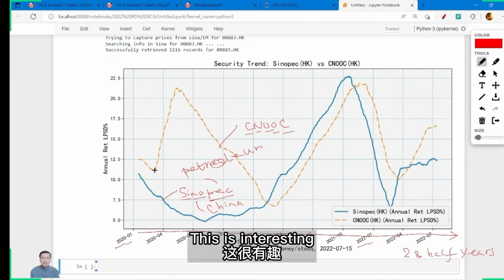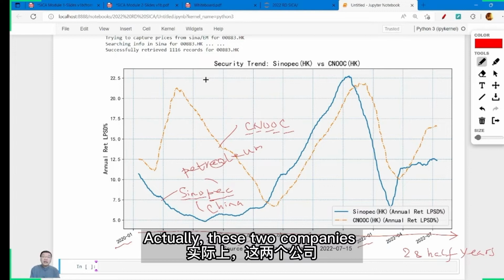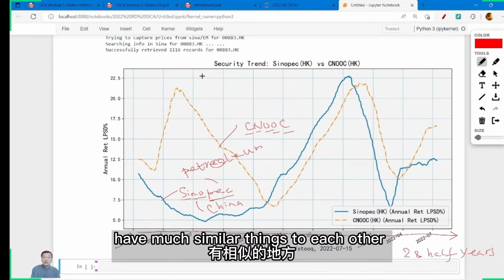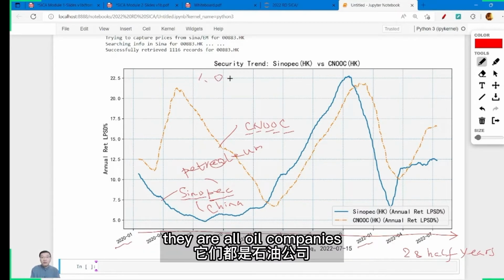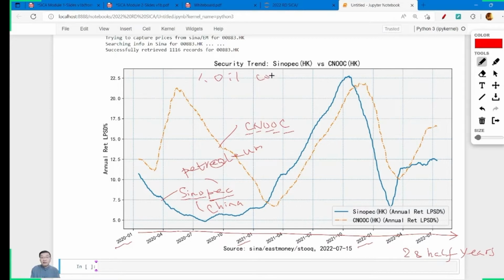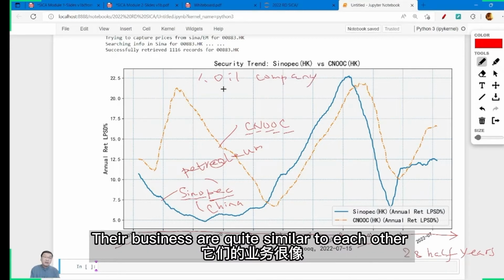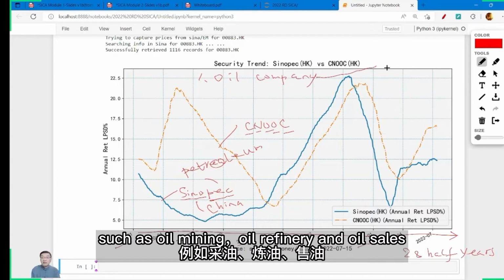This is interesting. Actually, these two companies have much in common. First, they are both oil companies. Their businesses are quite similar, such as oil mining, oil refinery, and oil sales.